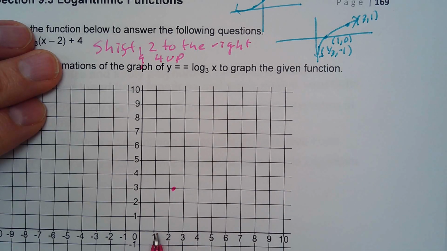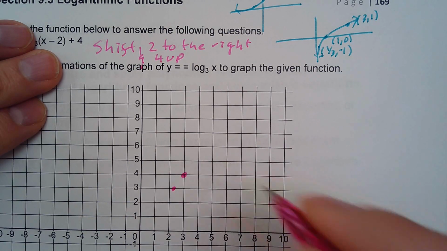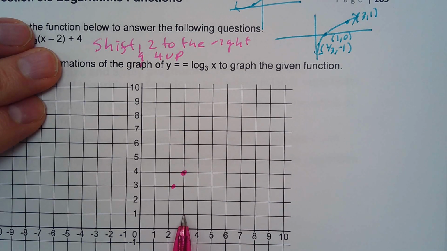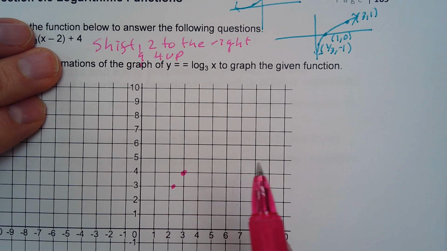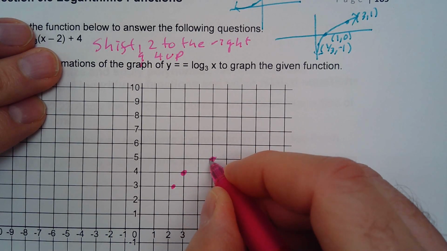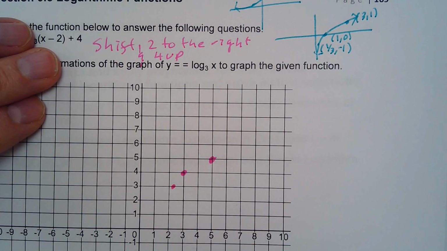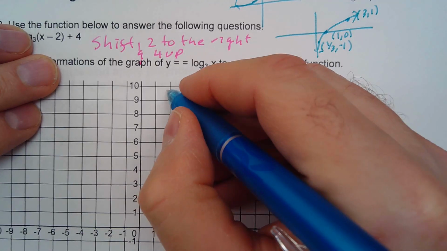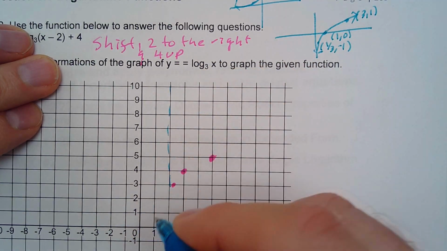1, 0: going 2 to the right and 4 up, 1, 2, 3, 4. And 3, 1 is here. I'm going to go 2 to the right and 4 up. My vertical asymptote gets shifted 2 to the right, so let me draw that in.